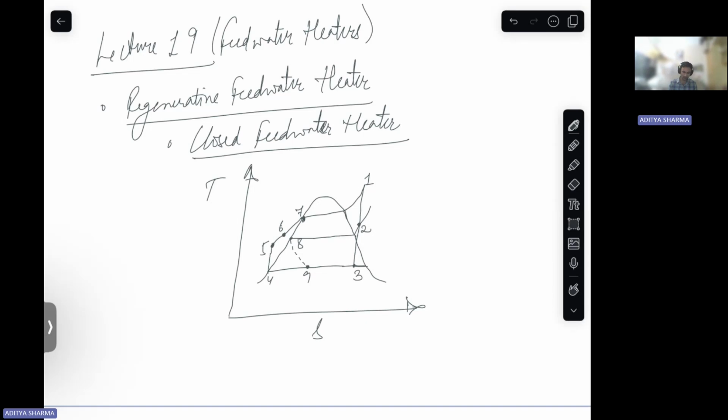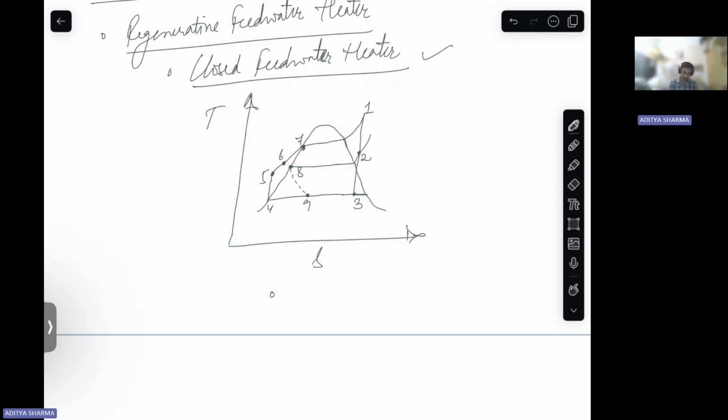This is because of the steam that we have taken from point 2 towards 8. So the energy from this steam we are using to heat our feed water, correct? And closed feed water heater means this is a shell and tube type arrangement.